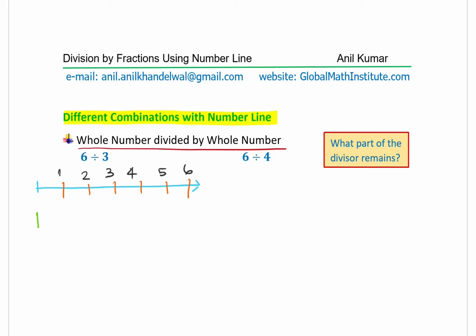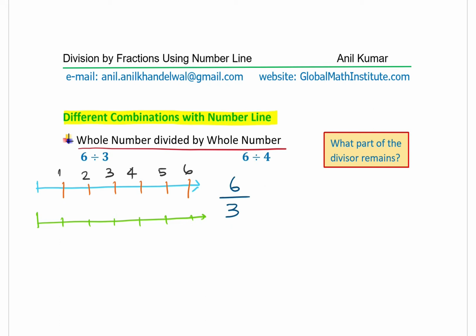For the divisor, let me also show the divisor on a number line and similar divisions. Okay, so the same number line, the numerator, which is 6 for us, we're trying to do 6 divided by 3. So the number line in green is the 6, which is a dividend, and that is the divisor for us.